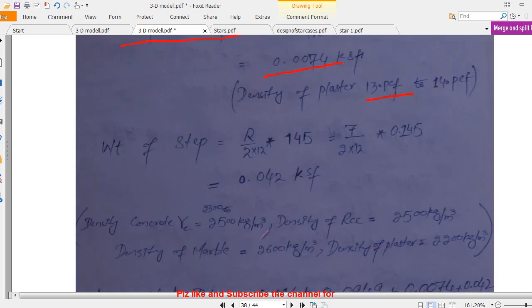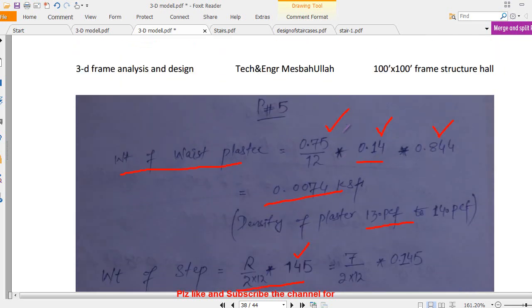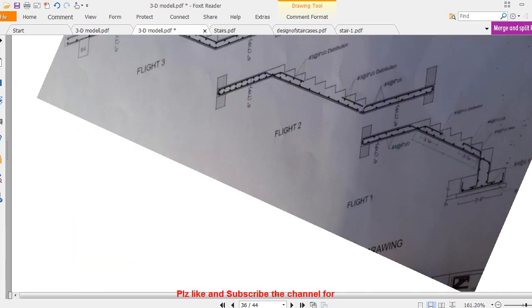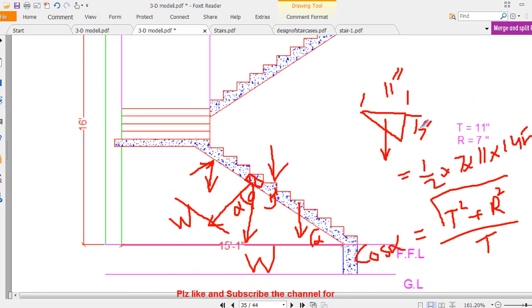The density of plaster is 130 to 140, and the weight of the step is the rise divided by 2. I already explained this. This is the density of PCC concrete. Remember, PCC. And 7 inch is the rise, you have to consider half, the average. Here I did the calculation for you. What will be the weight of the step? 7 divided by 2 times 11 times 140.